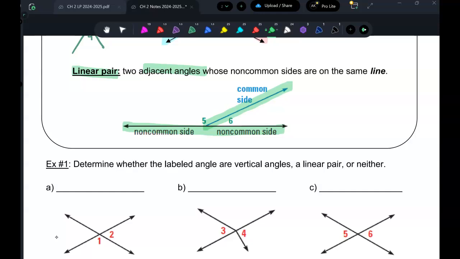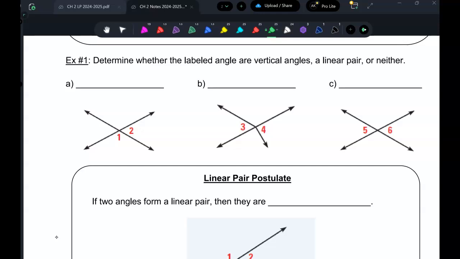It's interesting, I picked 5 and 6, not on purpose. See how if I covered up this 5 and 6, they form a line? So this would also be an example of a linear pair. Linear pair versus vertical angles: linear pairs are next to each other, vertical angles are not adjacent, not next to each other.